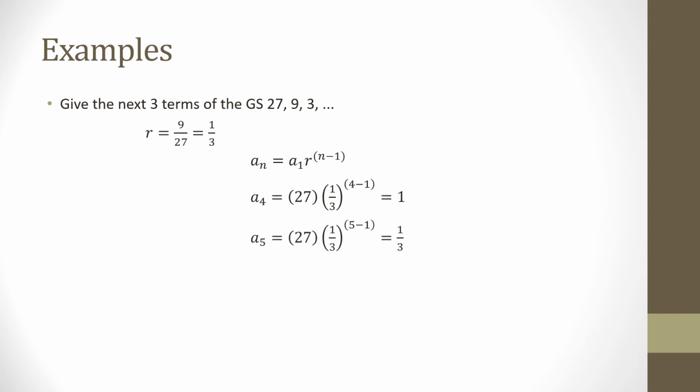Pag sa a sub 5 naman, 27 times 1/3 pa rin, and then palitan mo lang yung 5. Then we'll get 1/3. Next is a sub 6: 27 times 1/3 raised to 6 minus 1. We'll get 1/9. So, ganyan yung sagot: 27, 9, 3, 1, 1/3, and 1/9. Okay? So, next.